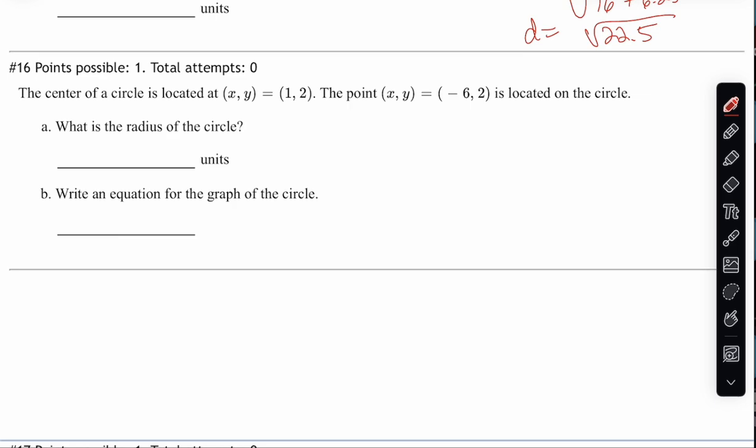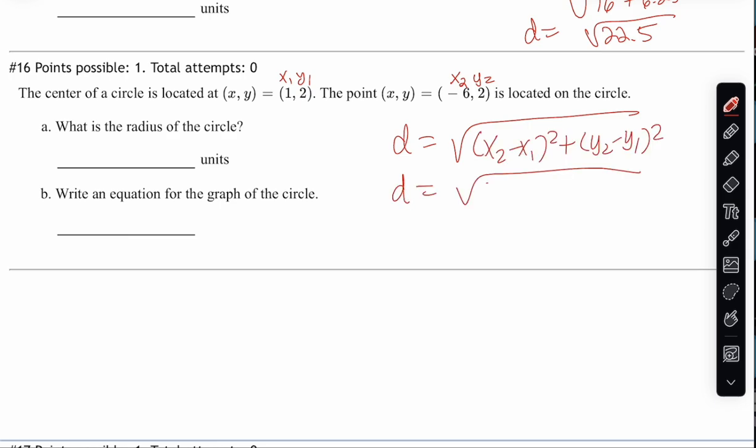I'm going to call the center our x1, y1, and let's call the other point x2, y2. And let's do our distance formula.